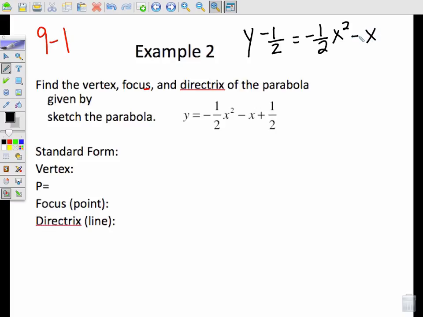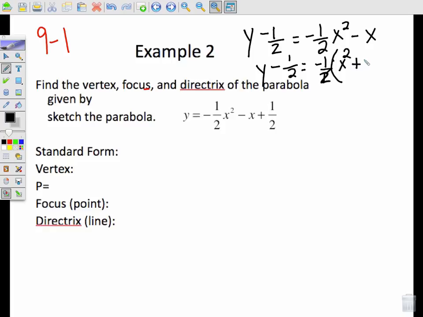All right, well, what I'm going to do is I need to factor out a half, so it's y minus 1/2 equals, factor out a negative 1/2 here, you're dividing by negative 1/2, we would have left x squared, and if I divide 1 by a negative 1/2, I get 2.